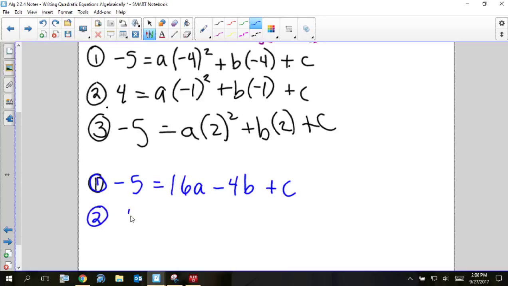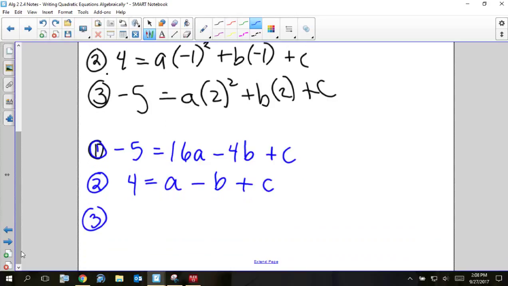Equation 2, 4 equals 1a minus b plus c. You just write a. I didn't write the 1 either, I just said it. And then equation 3 is going to be negative 5 equals 4a plus 2b plus c.